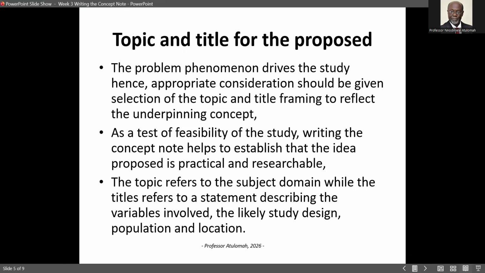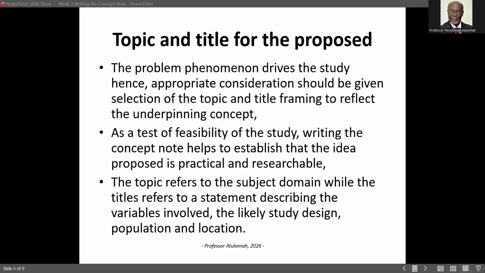But the title is usually the name that you have given to the specific research you want to conduct. So the title is different. Sometimes we interchange topics with titles, but they are separate entities, referring to separate phenomena.